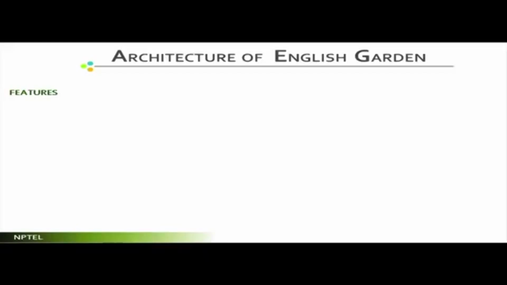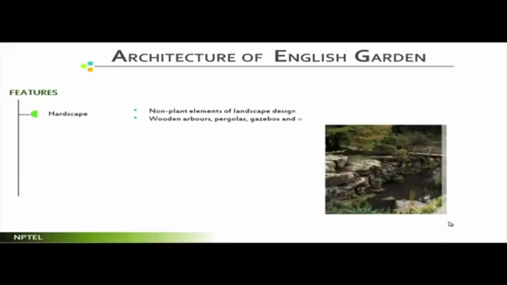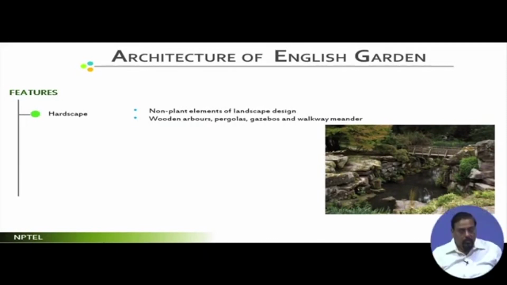What is the architectural style in this? Features, let us first focus on. They have experimented with hardscape and also softscape. The hardscapes are non-plant elements, rocks, steps, and other non-vegetative elements that they have used for landscape design. They have used wooden arbors, gazebos, walkways and meanders.